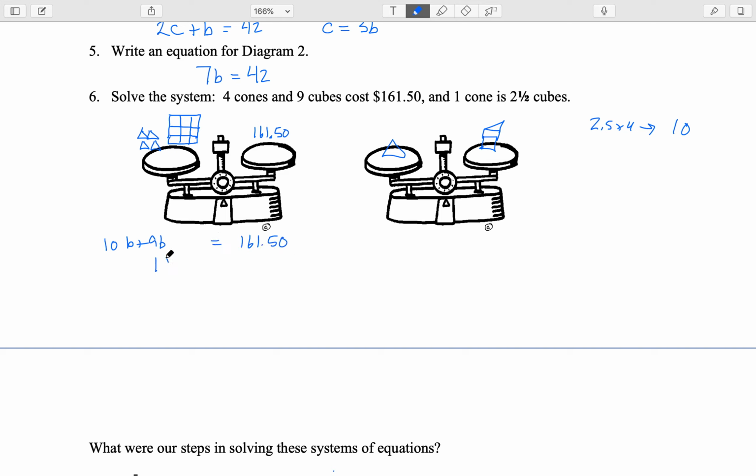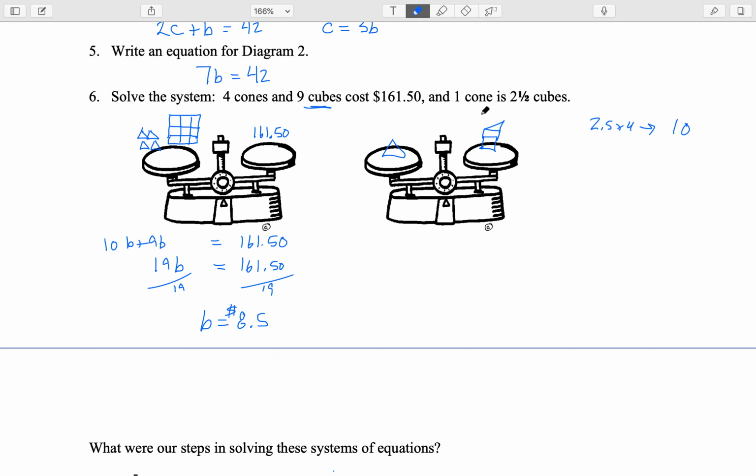That's 19 blocks. So 161.50, divide by 19. Let me just plug it into my calculator. 8.5. This is in dollars, so the blocks, or cubes, cost $8.50.